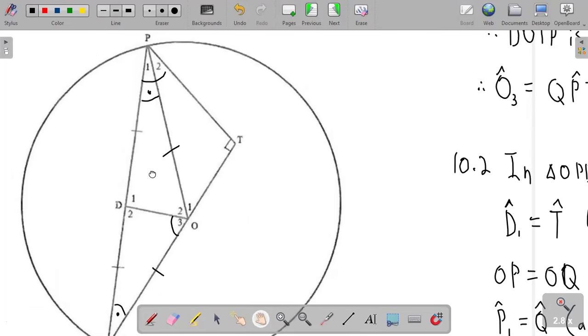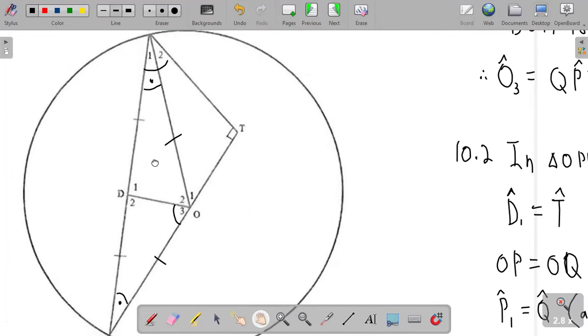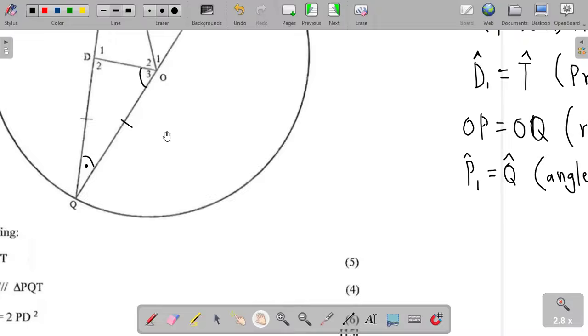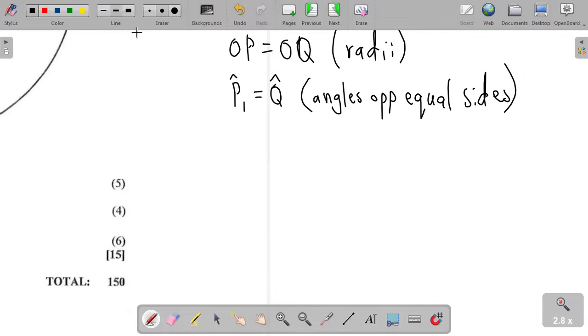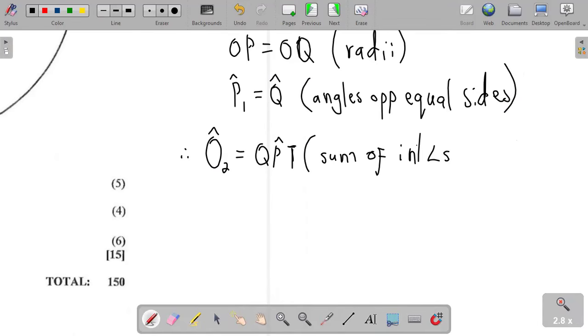So that means that angle O2 automatically will be equal to angle PTQ, by the sum of interior angles of a triangle.